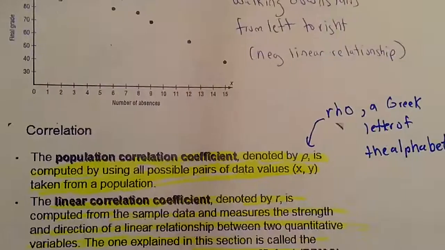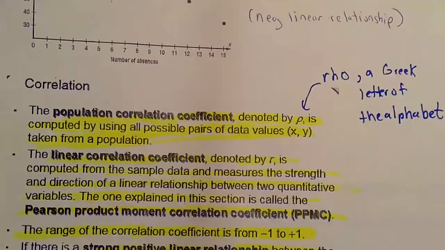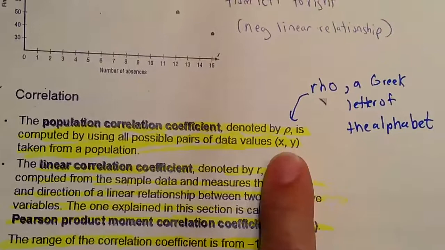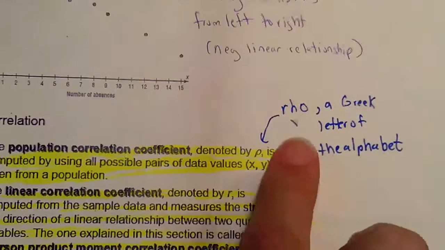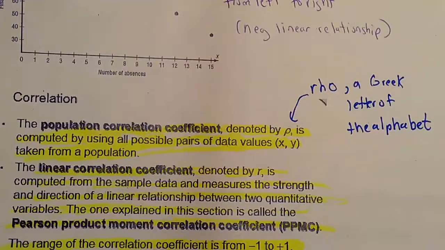Okay, so then we have more vocabulary. Correlation. There's something called the population correlation coefficient, denoted by rho, which is a Greek letter of the alphabet. It is computed by using all the possible pairs of data values x, y taken from a population, and our TI-84 will calculate that for us. The linear correlation coefficient, which we'll call r, is computed from the sample data.